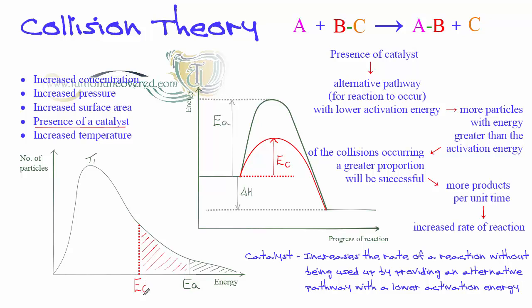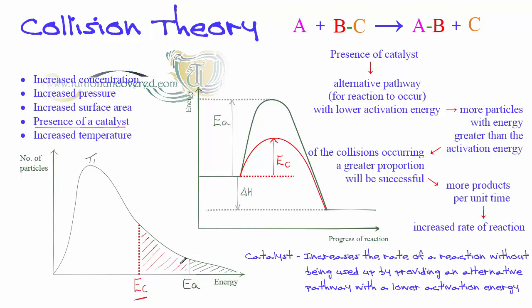Let's now add a catalyst, and in the presence of a catalyst, the activation energy has been lowered. This now illustrates a lot more particles have energy greater than the activation energy. All of these particles will now react. When they collide, they'll have energy greater than the activation energy. Successful collisions will occur. More collisions will occur that are successful.